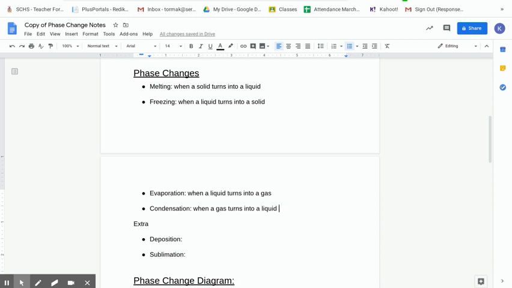Deposition and sublimation are some things that you might not have heard of in your previous science classes. Deposition is when a gas turns into a solid without passing through the liquid phase.